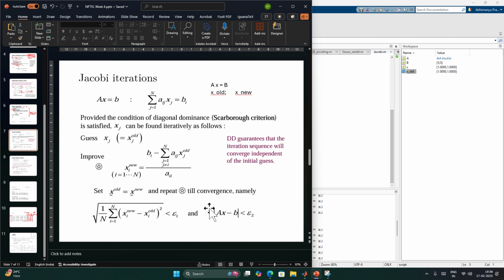The overall problem is still not close to zero. So we need to check both of these two conditions, right? This norm of Ax minus b is basically the residue of the problem. So we need to also make sure that the residue goes to zero, and this is the change in the x values, right? So we need to check both of these.